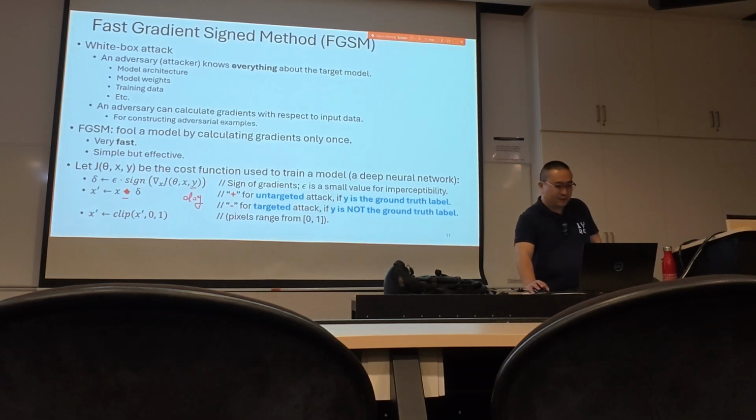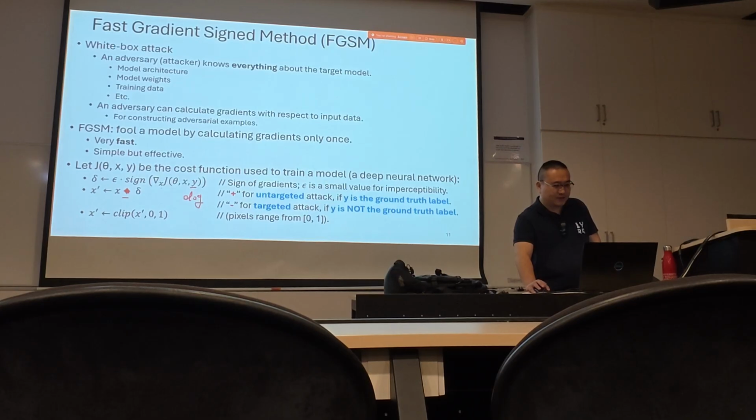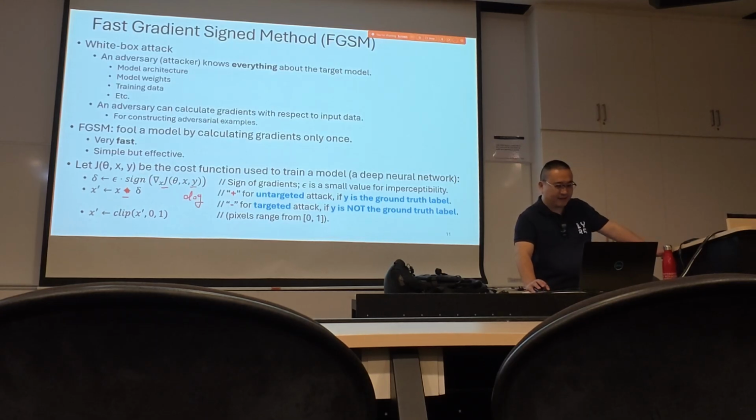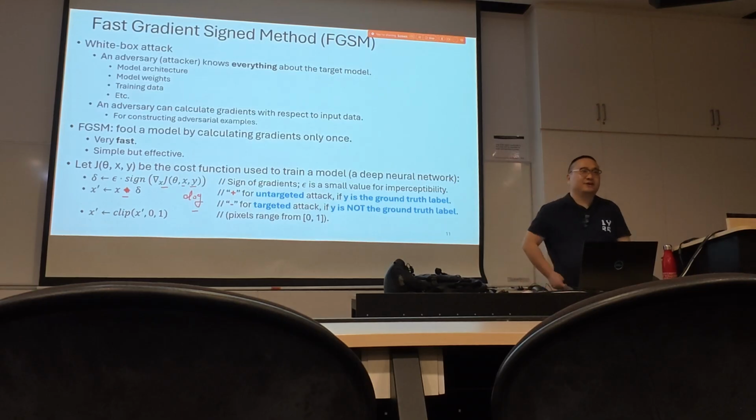Okay. So now y is the label dog. Then what does this cost function measure? It measures the error: given the panda image, the error that the model is predicting the panda as a dog. However, we know that at the beginning, the model will correctly recognize this panda.